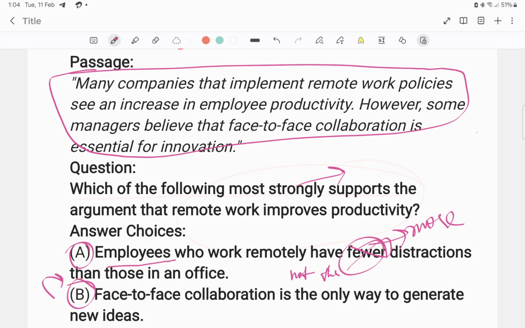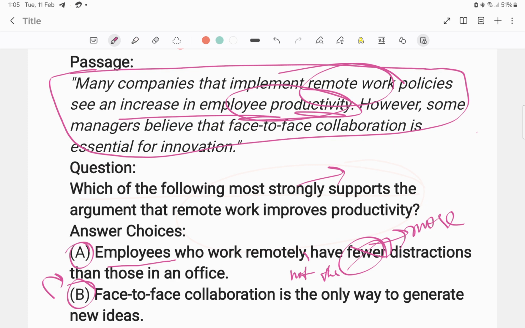If A is reversed, remote employees have more distractions, and that weakens the idea that remote work increases employee productivity. This means original A must be correct because it strengthens the argument.